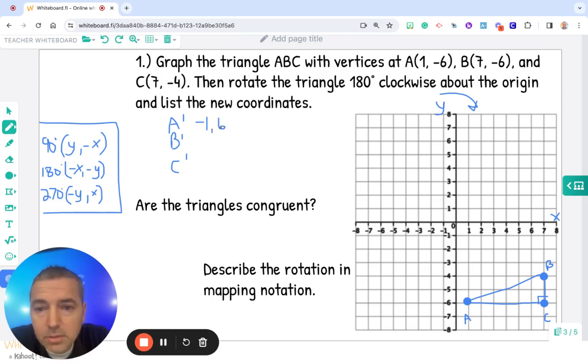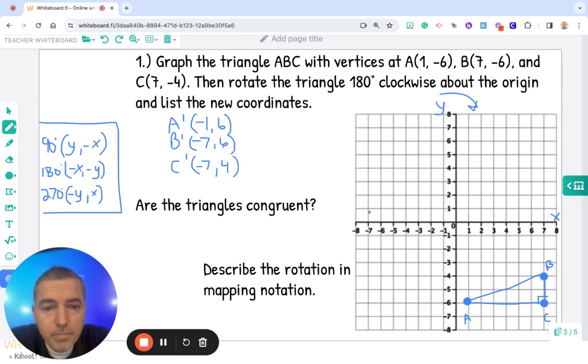So they stayed in the same position, but they both changed signs, right? For B, same thing. Keep them in the same position, but change the signs. So 7 is going to become -7, and -6 is going to become +6. And for C, it's going to be (-7, +4).